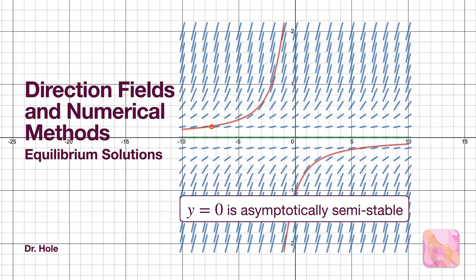An initial condition which has initial output positive will have a solution curve which moves away from the equilibrium solution. So in some instances, solution curves move towards, and in other instances, the solution curves move away. This notion is termed asymptotically semi-stable. It's neither 100% stable nor 100% unstable. It's semi-stable.